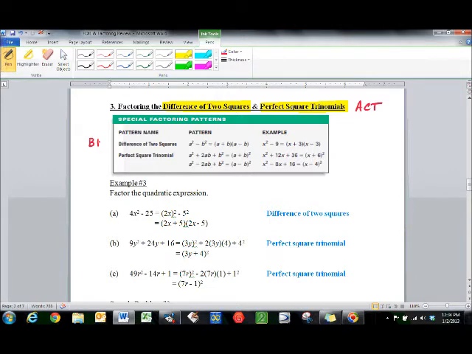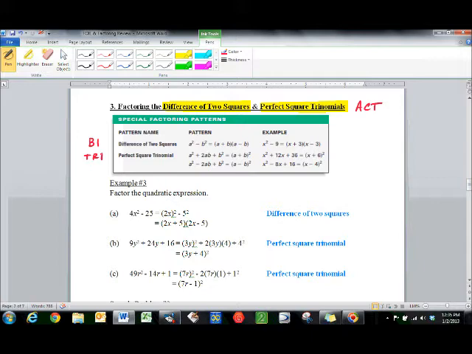This is different than what we did when we were factoring trinomials, where we had a trinomial broken up into two smaller binomials. A perfect square trinomial is a trinomial that is also broken up into two smaller binomials, but the special pattern is that you get the same exact binomial for each part. So we'll look at each of these separately.